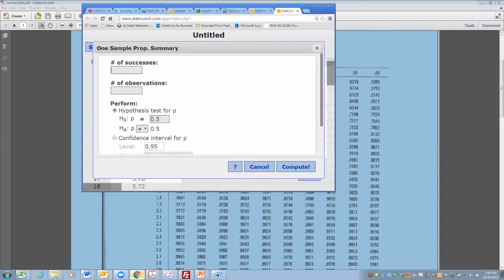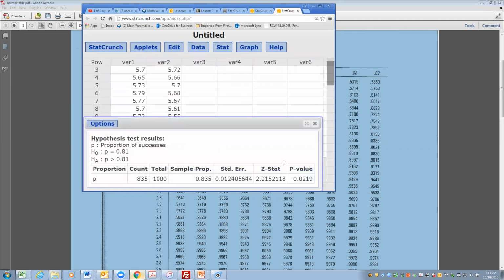I can type in the number of successes and the number of observations, and the hypothesized proportion. I wanted to know if it was greater than that, and I'll hit compute.